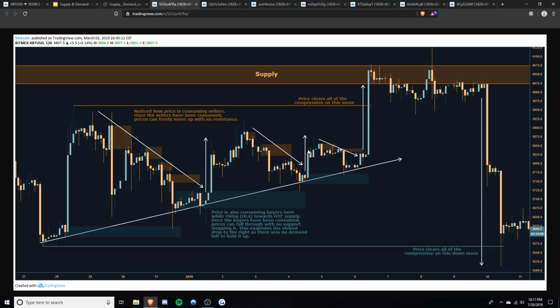A new demand zone. You see these are just the origin of these impulse moves. Consumes it right here and then goes higher. So that's consuming all of the demand. There's no fresh demand left. So once price hits this high time frame supply zone, it is pretty much able to drop without anything holding it up.